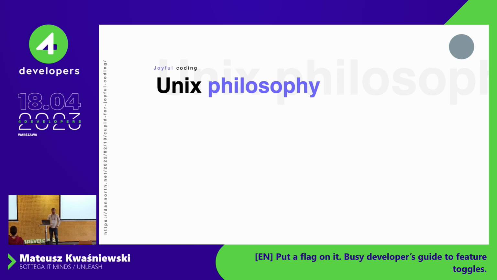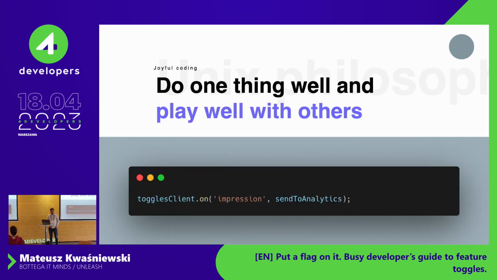It has to follow Unix philosophy. So it has to do one thing well. Your feature toggling solution, surprise, surprise, should be really good at feature toggling, but also it should play well with others. And it shouldn't pretend that it can be great at everything. So it should be easy to integrate, for example, with whatever existing analytics platform you have. So maybe it should emit the event every time something interesting happens in the toggling domain.